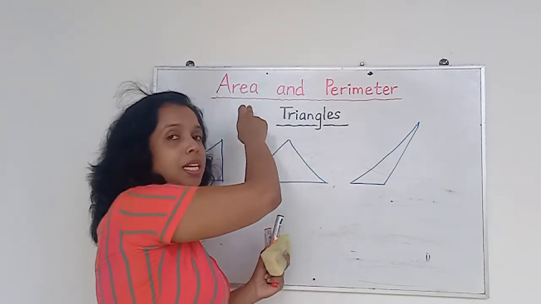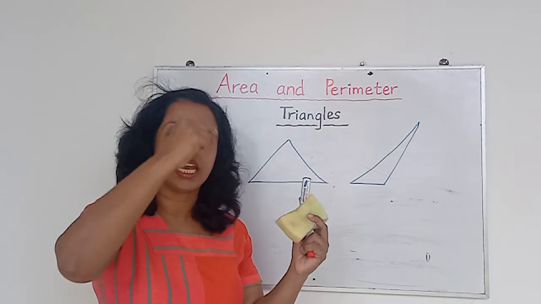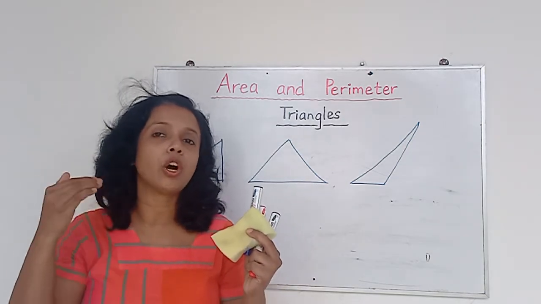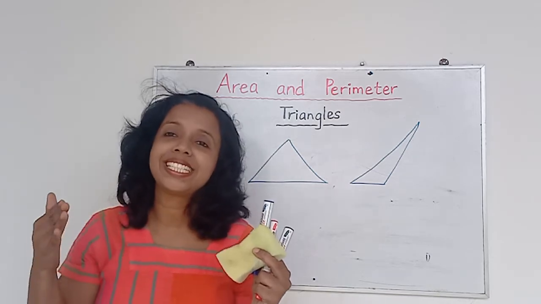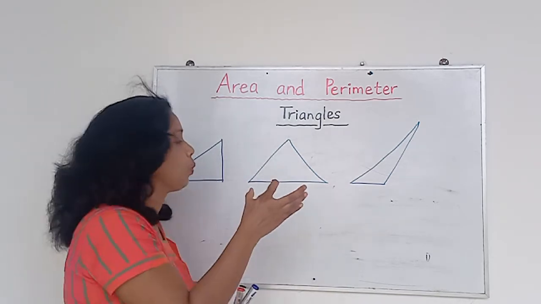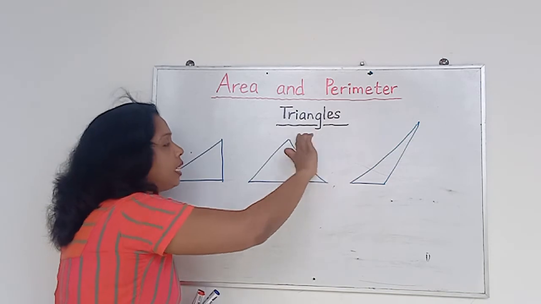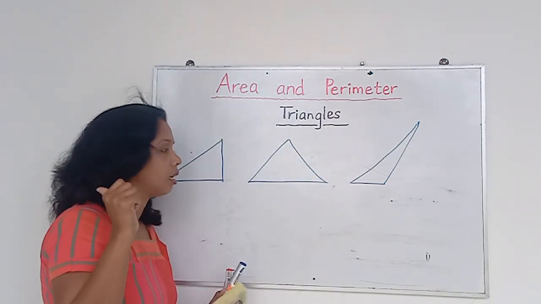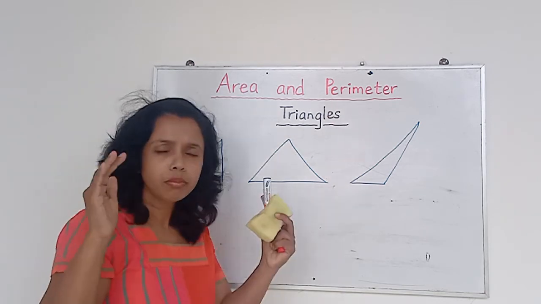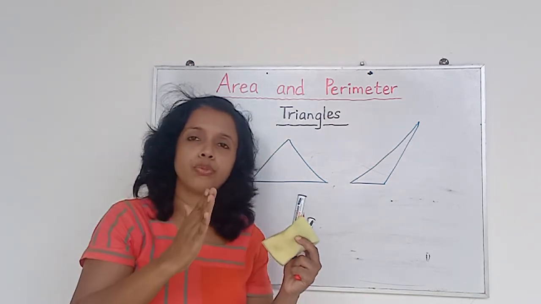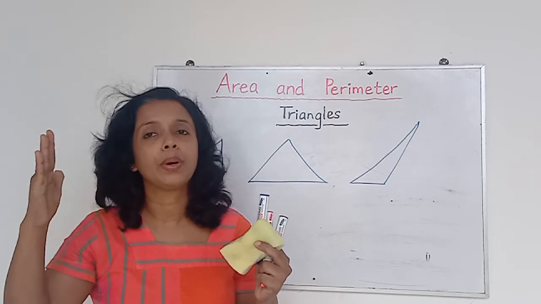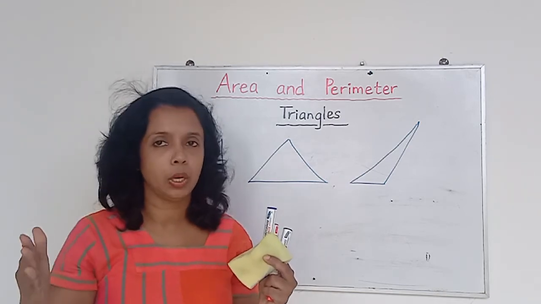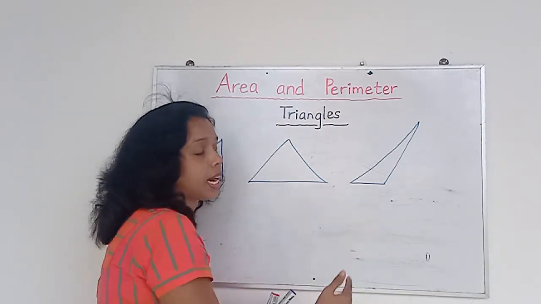If it is centimeters, then the unit of area will be square centimeters. Likewise, the units of area will change based on the units you have used for these measurements. And be mindful, the first thing you want to do is use the formula half into base into perpendicular height. And how do you find base and perpendicular height in different types of triangles?